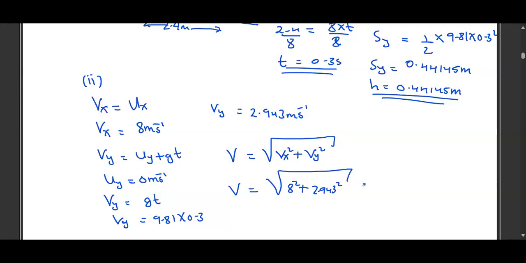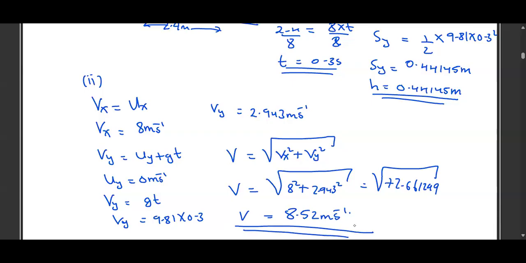I'm getting V as the square root of 72.61249. When you take the square root, we are getting V as 8.52 meters per second. This will be the velocity with which this ball is going to hit the ground. That is Roman numeral 2.